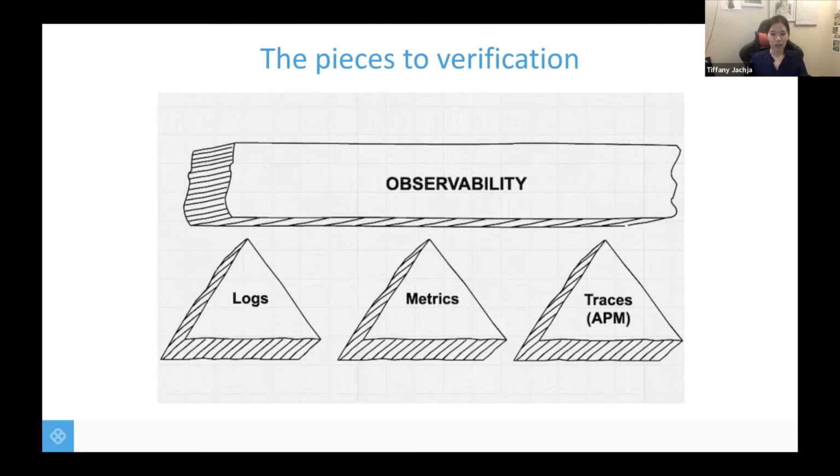Something that's becoming more standard thanks to the OpenTelemetry project are metrics and traces. Metrics are to be aggregated, and they basically give you a good idea about what's happening in your application or in your system. They're fairly straightforward. Specific systems will expose certain types of metrics. So like your Kubernetes cluster may expose information about how many pods you have running and how many namespaces and that kind of stuff.